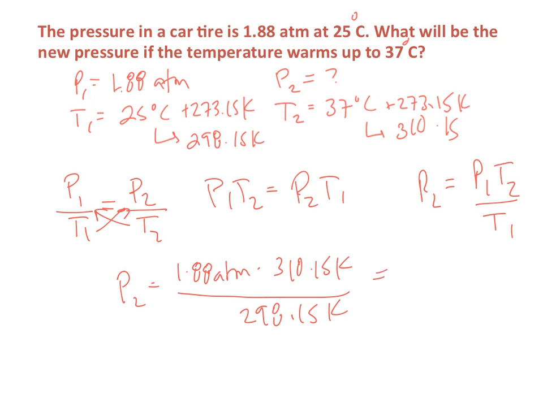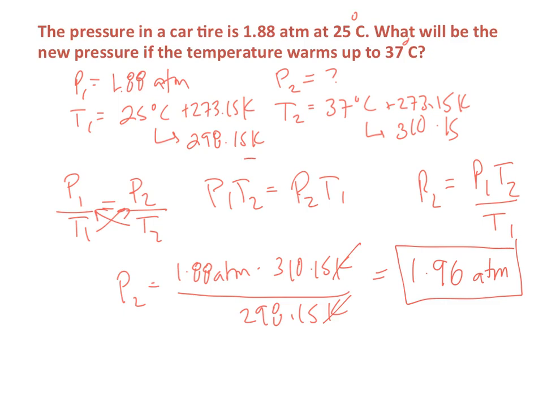We plug all these into our calculator, and that gives us 1.96. Kelvin and Kelvin cancel, atm is what's left over. So 1.96 atm.